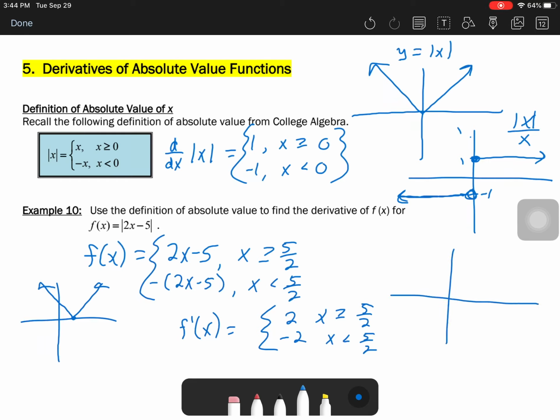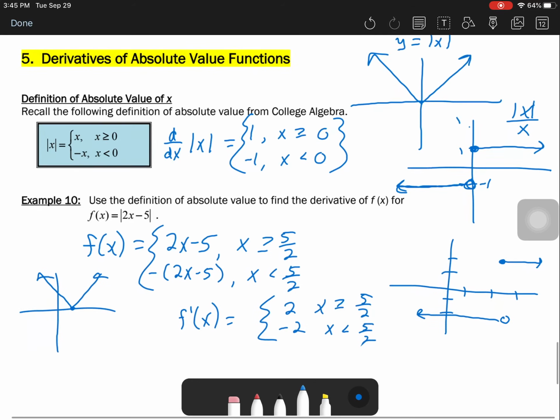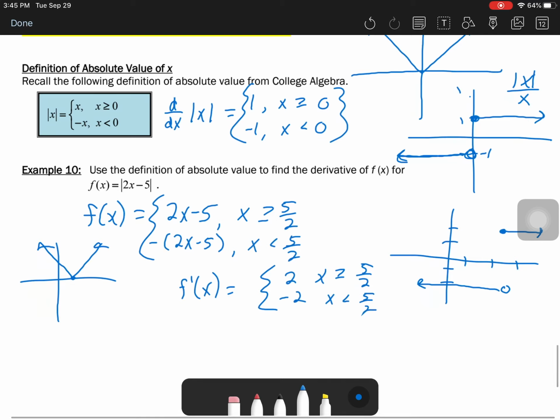We'd have 5 halves here, 2.5, and right in here, something like a horizontal line going this way at 2, and then a horizontal line at negative 2. I put one circle, and it would be like going this way here. Okay, so that's using the definition of absolute value to do that one.